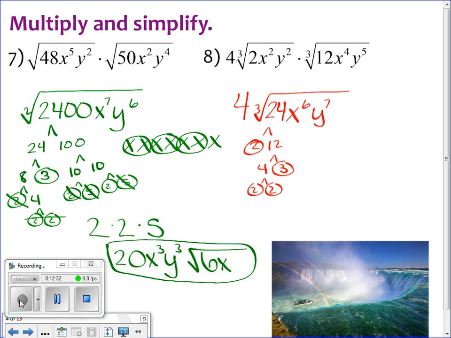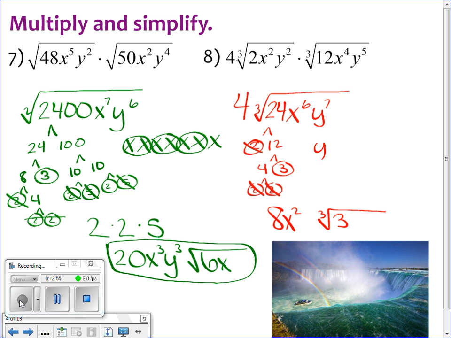All right, so how many do I need in a group to come out then? I need 3. So 1, 2, 3. So a 2 comes out, but there's already a 4 out here. So it'll become 8. Cubed root. We have a single 3 then that's going to come back under. And then my x's, 6 divided by 3 is 2, so x squared.